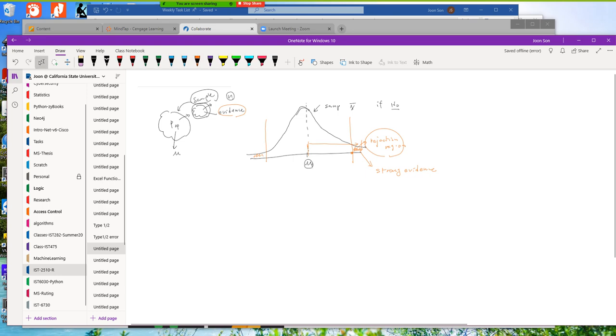In that case, we reject the null hypothesis and take the alternative hypothesis. In the opposite case, if the evidence is weak, then we fail to reject the null hypothesis.